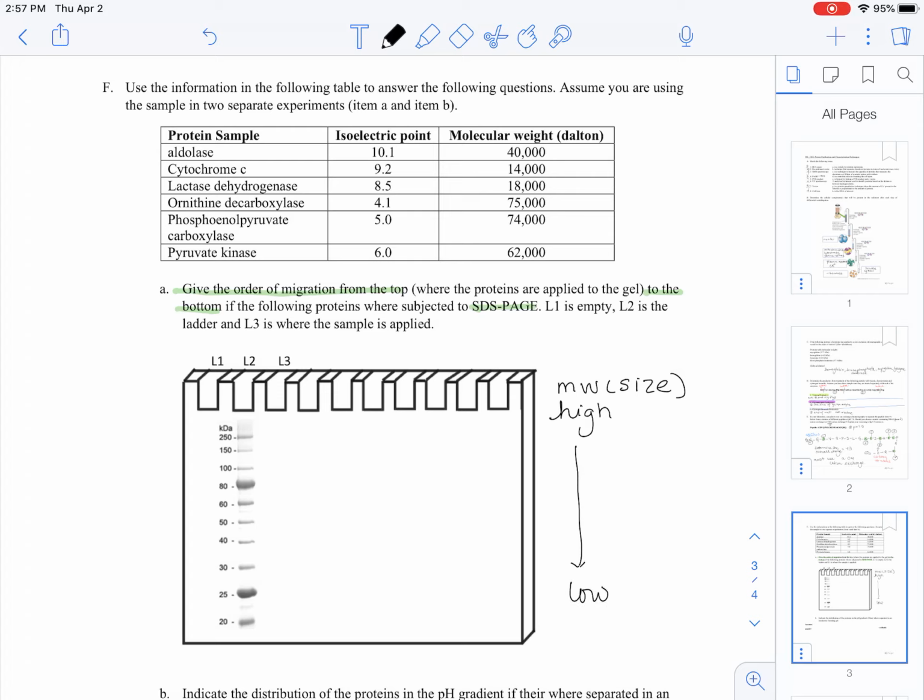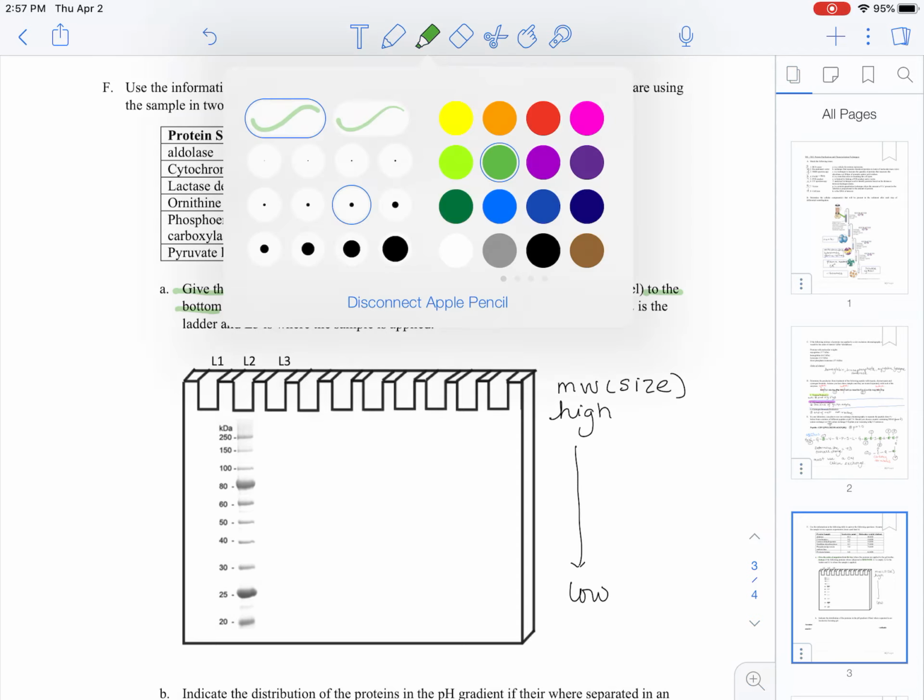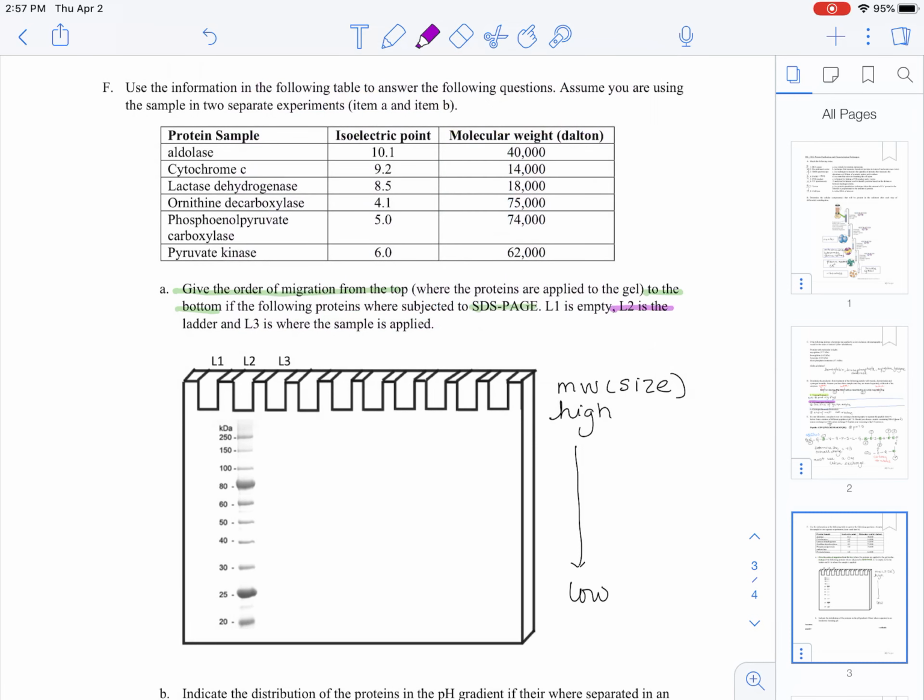Understand that to give you guys a guideline why that is, on lane 2, I said that we have a ladder. And a ladder is utilized to illustrate how these proteins always run when doing this type of experiment. So understand that these proteins always run at that molecular weight.